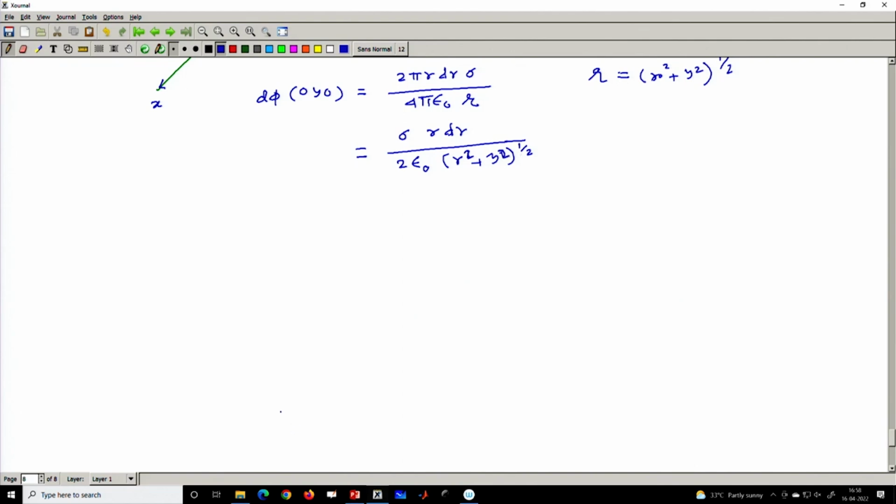Now, if I want to find out the full phi at the point 0 y 0, I simply need to integrate.